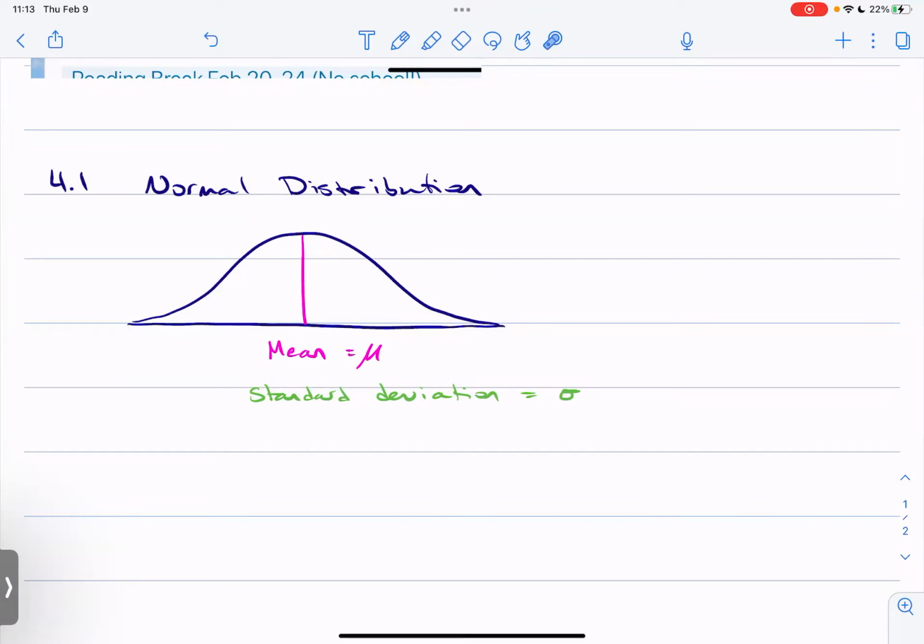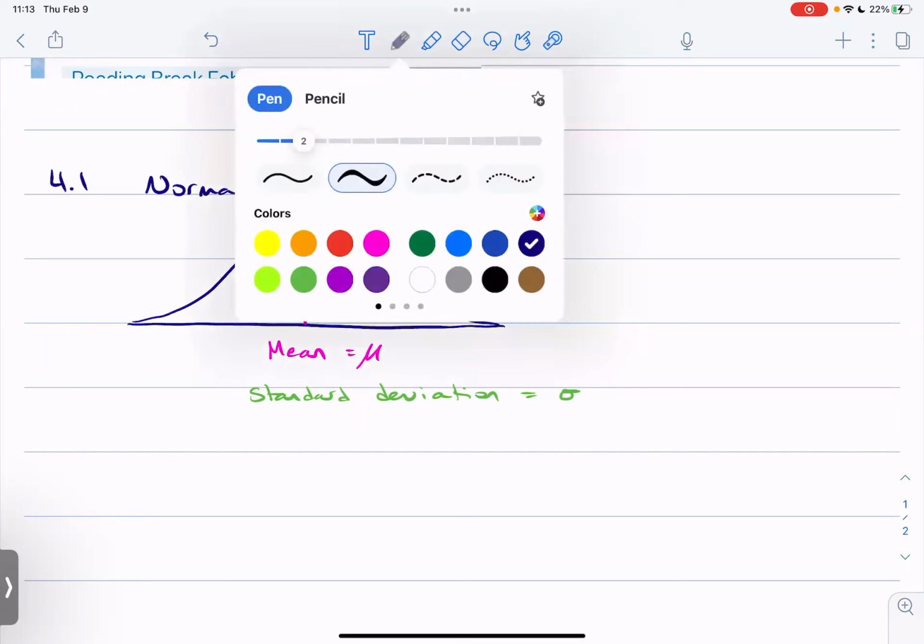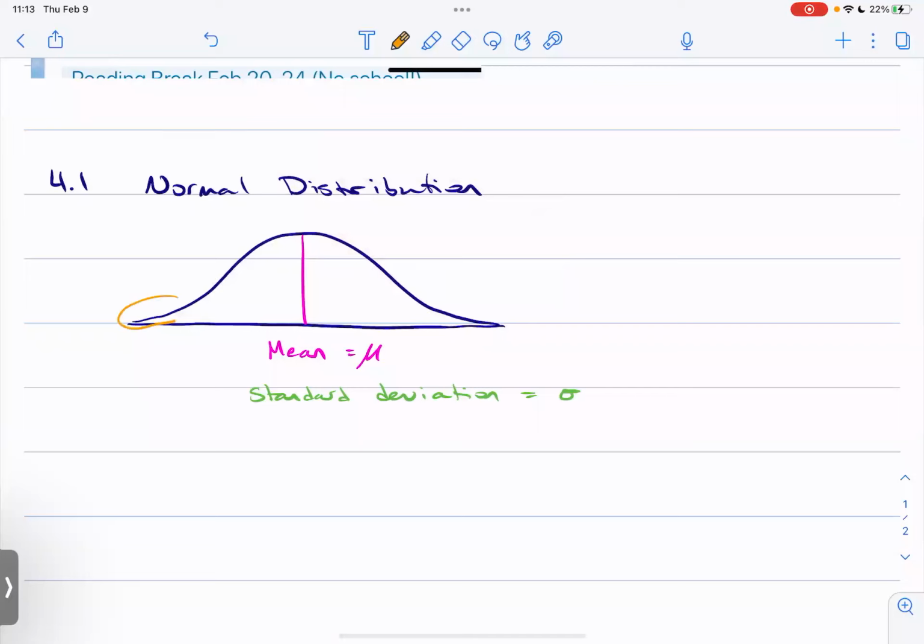As you move away from the mean, the observations become more and more rare. So we have these rare observations in the tail.